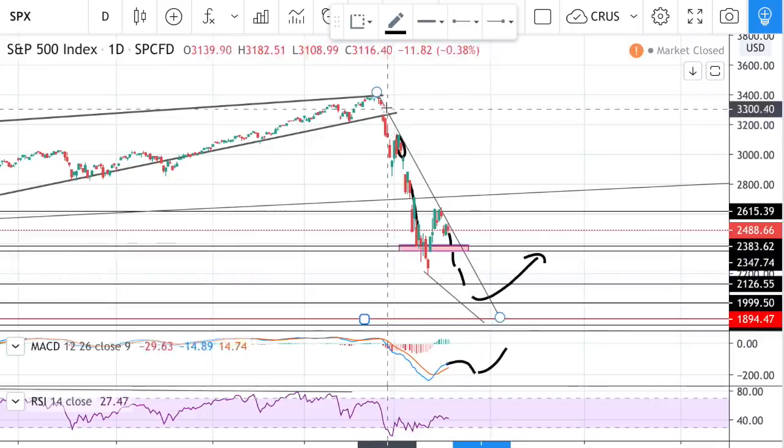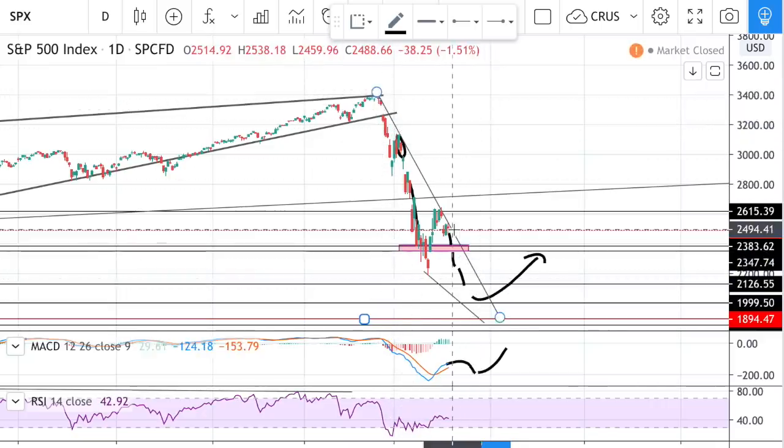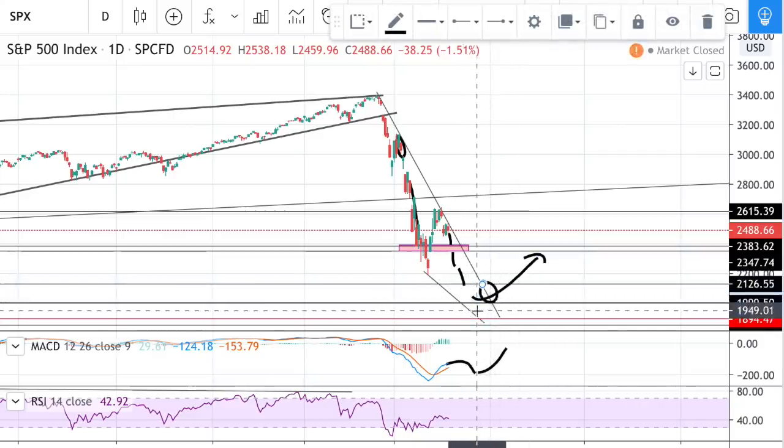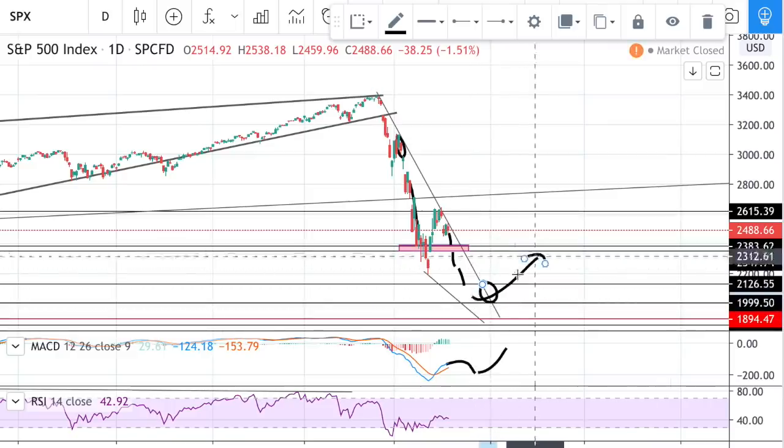If we respect this trend line, if we don't break it until we get to those support levels along the way, then you're going to watch out for a break of this trend line, because that is going to be a powerful buy signal for potentially a multi-week rally to resistance.